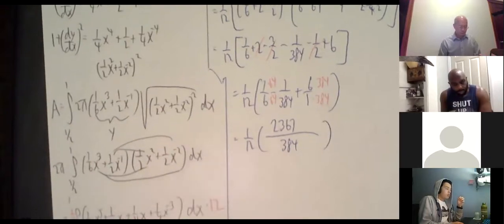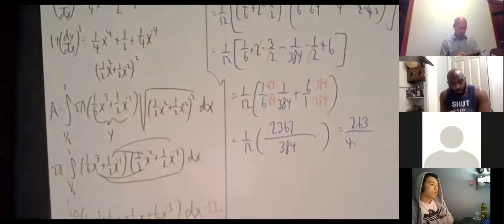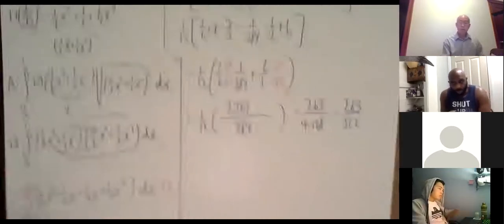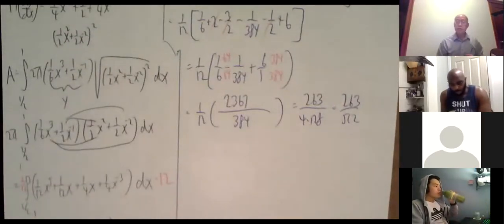It's divisible by 9. 263 over 4 times 128. 263 over 512, unless I messed up somewhere.